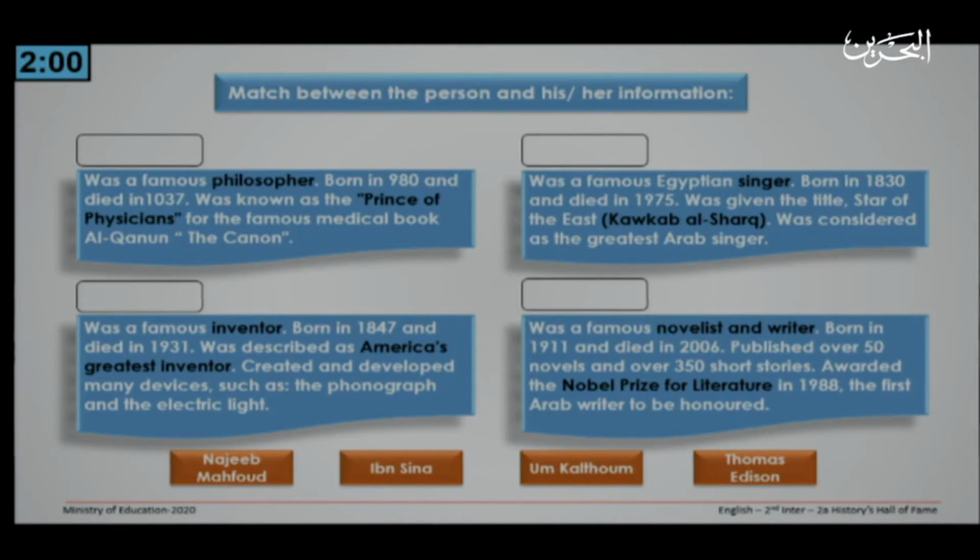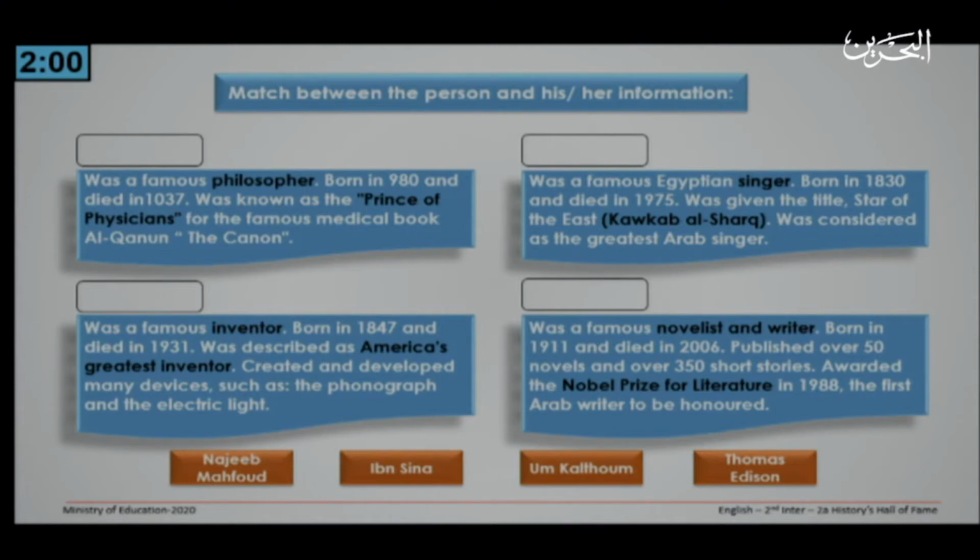The third piece of information was a famous Egyptian singer born in 1898 and died in 1975, was given the title Star of the East, in Arabic, Kawkab al-Sharq, was considered as the greatest Arab singer.